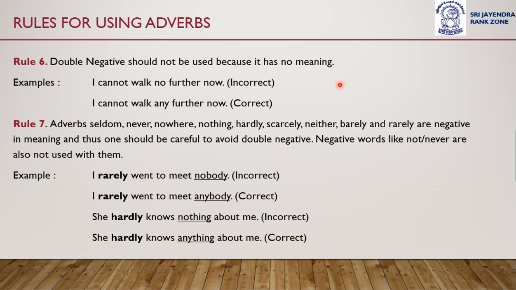For example, I cannot walk no further. This is an incorrect statement. Why? Because we have used cannot as well as no further in this sentence. So what would be the correct sentence? I cannot walk any further now would be the correct statement.